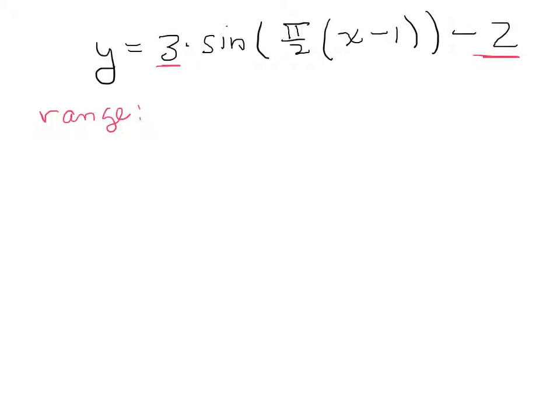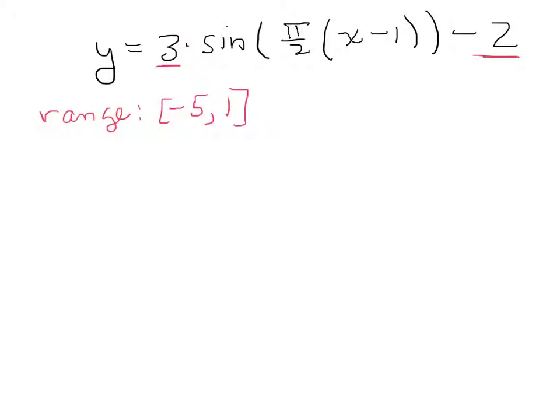So the new range is going to be minus 3 minus 2 is minus 5, and 3 minus 2, or 1. And notice that the amplitude here is 3. That doesn't change. That'll always be the amplitude right there. So that's easy enough. So when we graph it, we're going to graph it from minus 5 to 1.